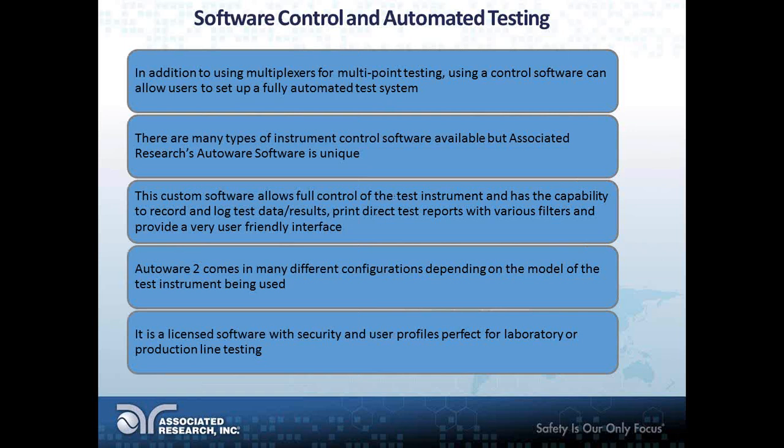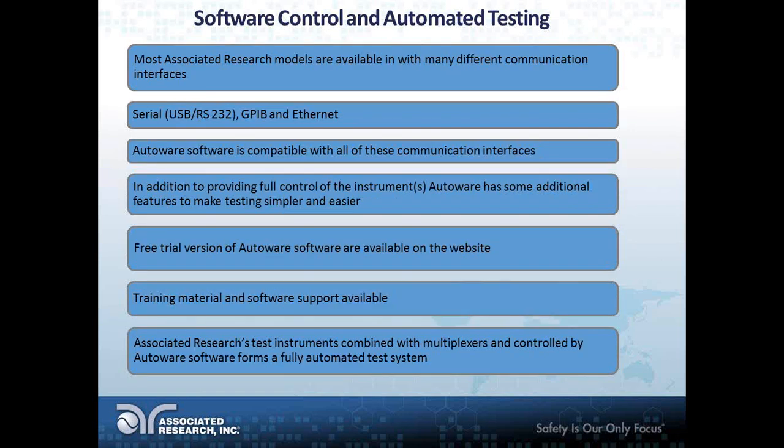Autoware 2 comes in many different configurations, depending on the model of the test instrument being used. It is a licensed software with security and user profiles, which is perfect for lab or production line testing. Now, most of the Associated Research models are available in many different communication interfaces, and we just talked about that: serial, which is USB, RS-232, GPIB, and Ethernet.